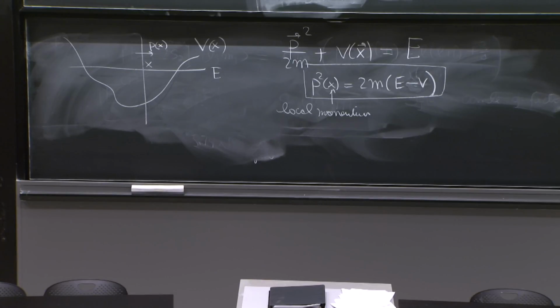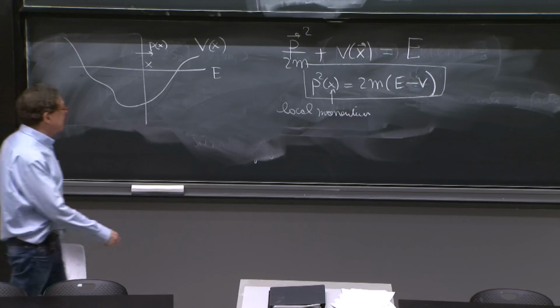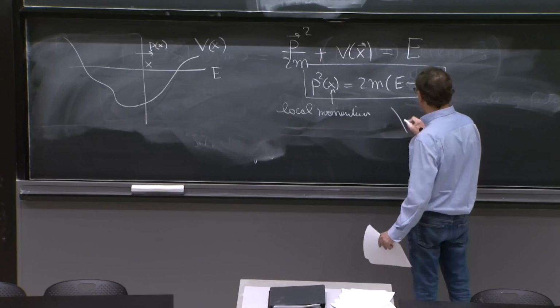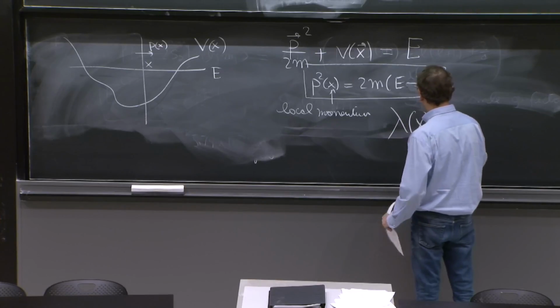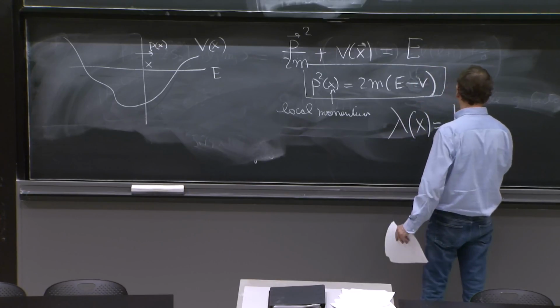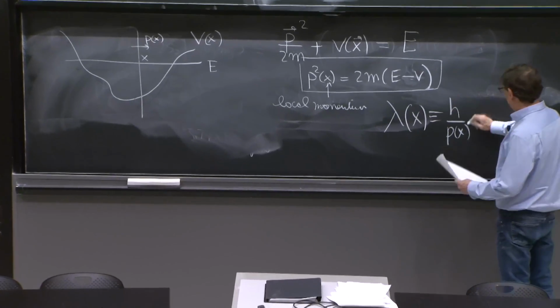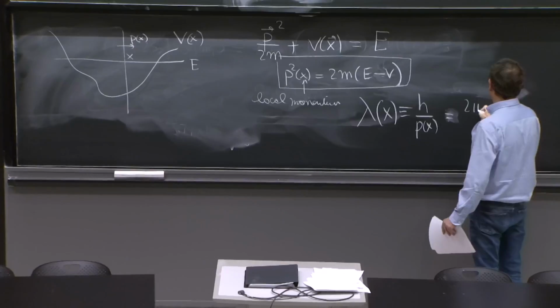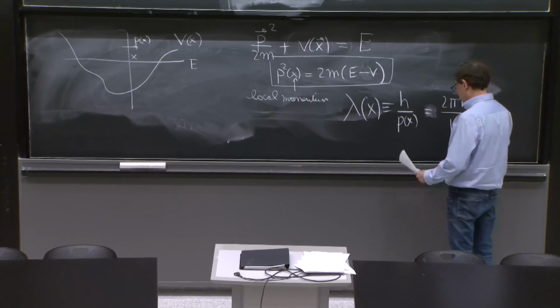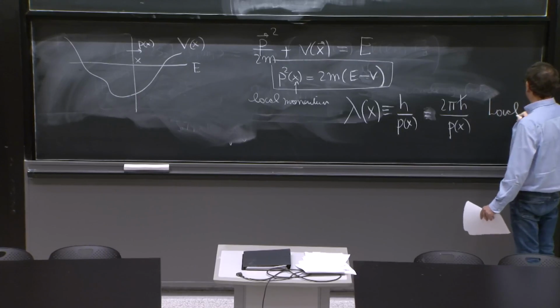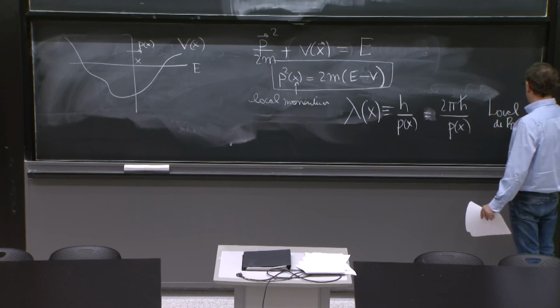And now, nobody forbids you from declaring that you're going to define a position-dependent de Broglie wavelength, which is going to be h over p of x, equal to 2 pi h bar over p of x. And it's going to be a local de Broglie wavelength.